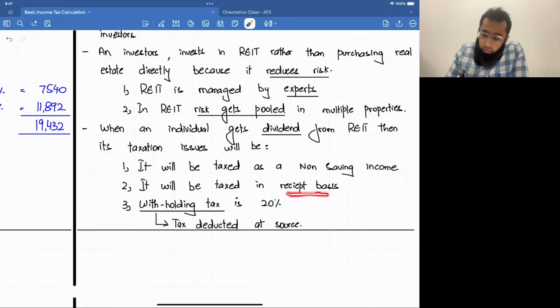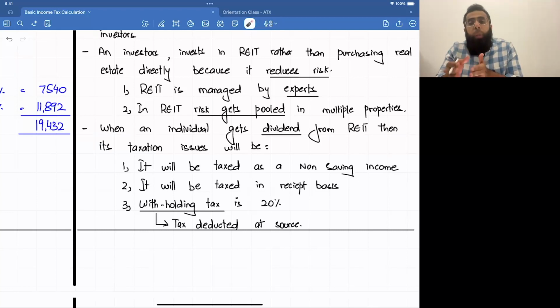Second, it will be taxed on receipt basis. See, for tax purposes, an income can be taxed on receipt basis. That is, in whatever tax year you actually receive it, only then will it be subject to tax. For example, if you receive it in 25-26, then only it will be subject to tax. And there is one concept called accrual basis, that even though you haven't received it, but for example, every year you get a certain amount, we say that, okay, it's an accrual of that amount.